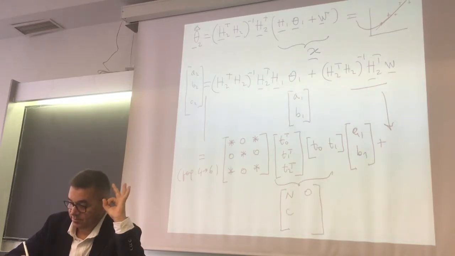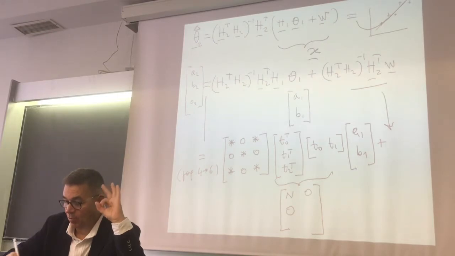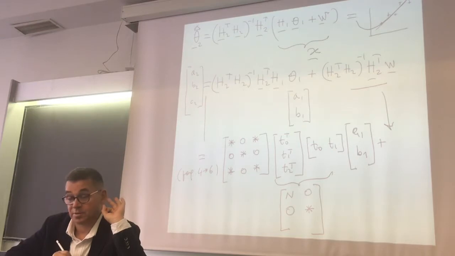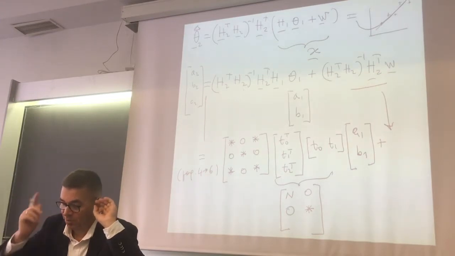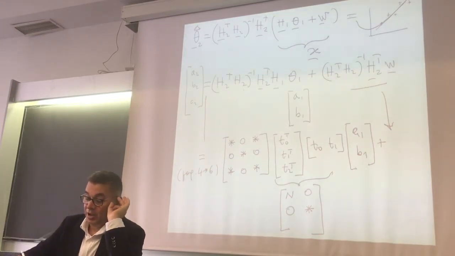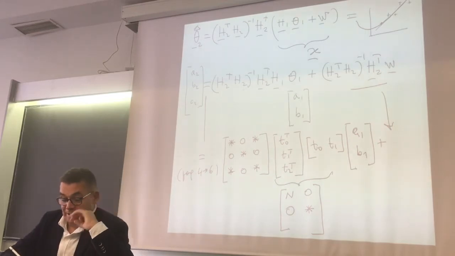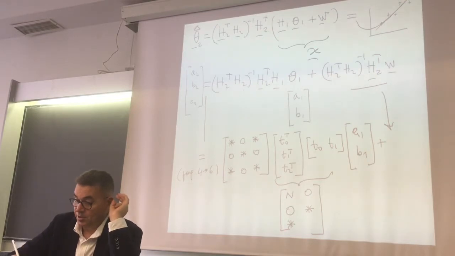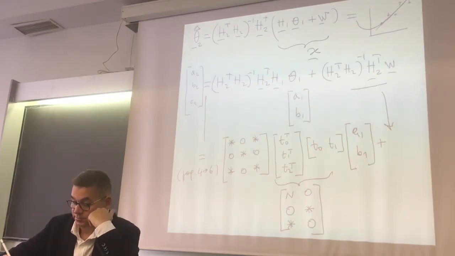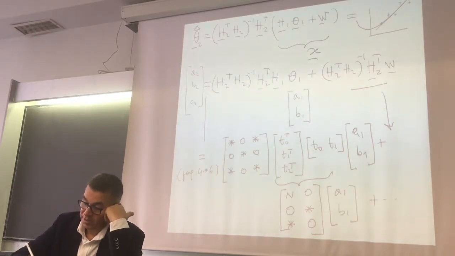T1 times T0, 0. T1 times T1 is different from 0, N cubed divided by 12. Then T2 transpose T0 is different from 0, T2 transpose T1 is 0. Everything multiplied by A1, B1.